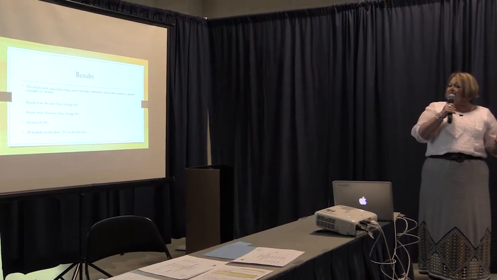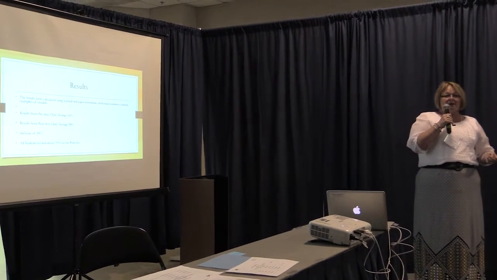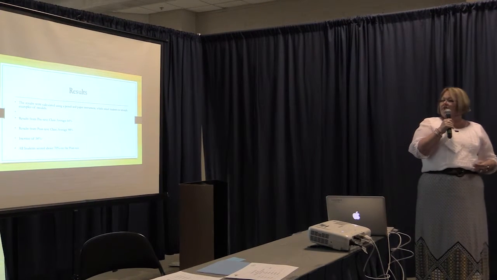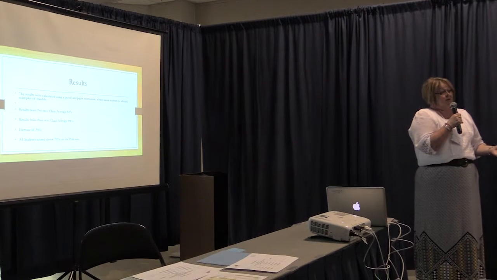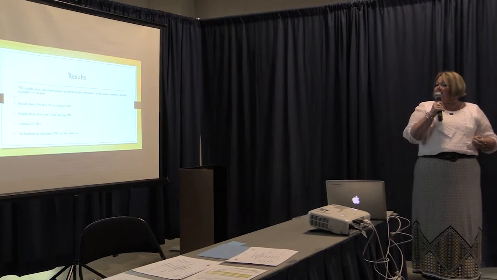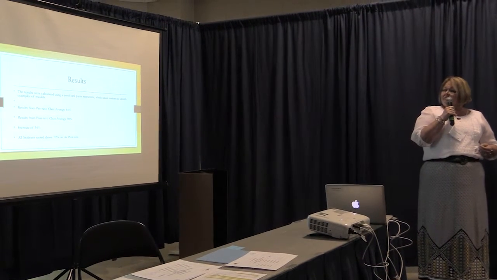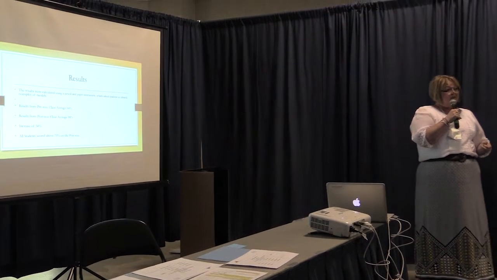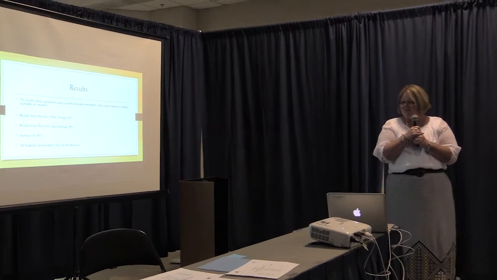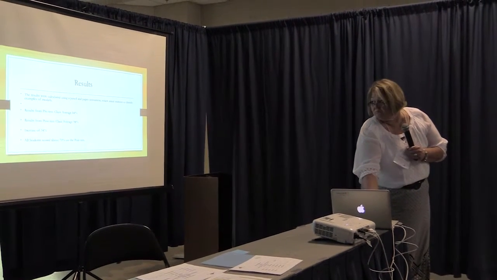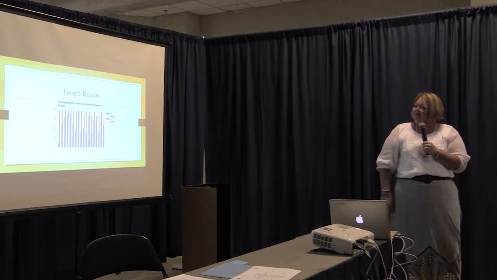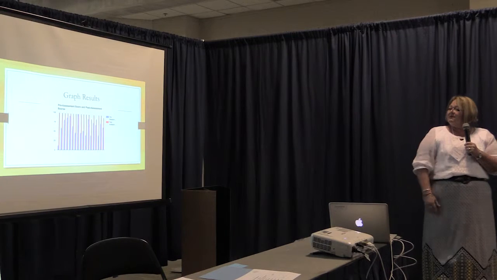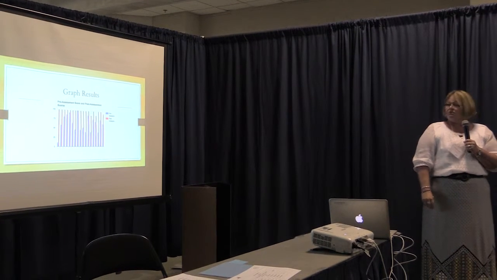So after we spent some time talking about models, actually looking at this magazine and talking about this particular type of model, creating models of our own, our class average went up to 98%, which was an increase of about 34%, and all the students scored 70 or above on the post-test, which was what I was aiming for. This is a graph that shows each individual student, their original scores, and their post-test scores.